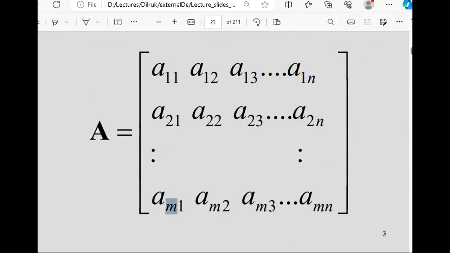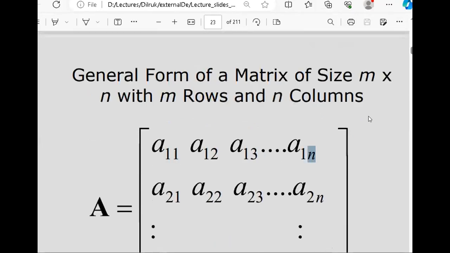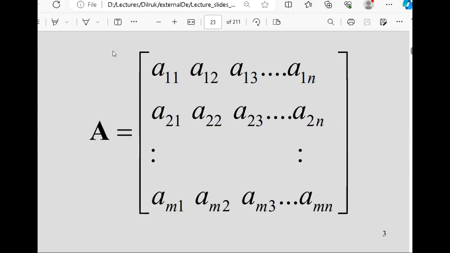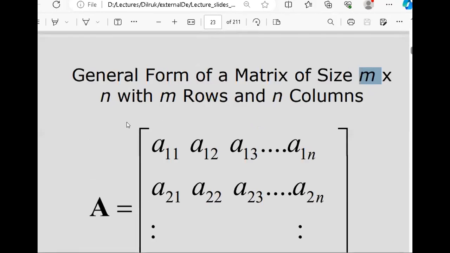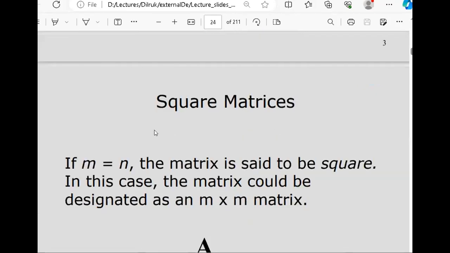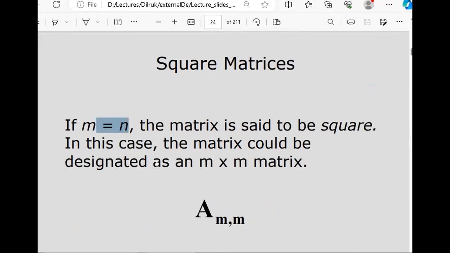M number of rows and n number of columns. So m by n is the dimension of the matrix. This is called a rectangular matrix. If the number of rows and columns are the same, then we say it is a square matrix, right?